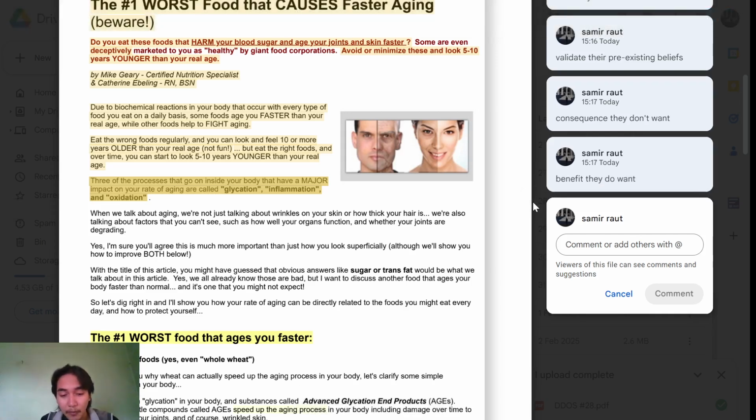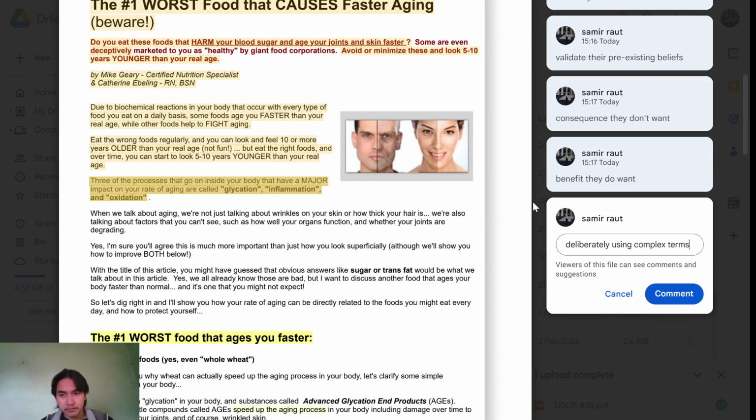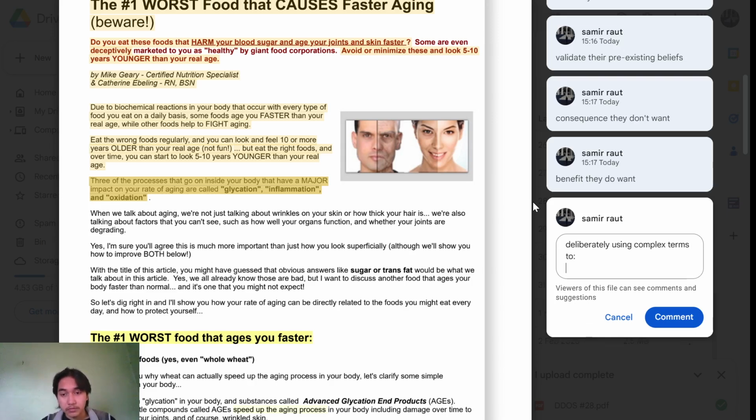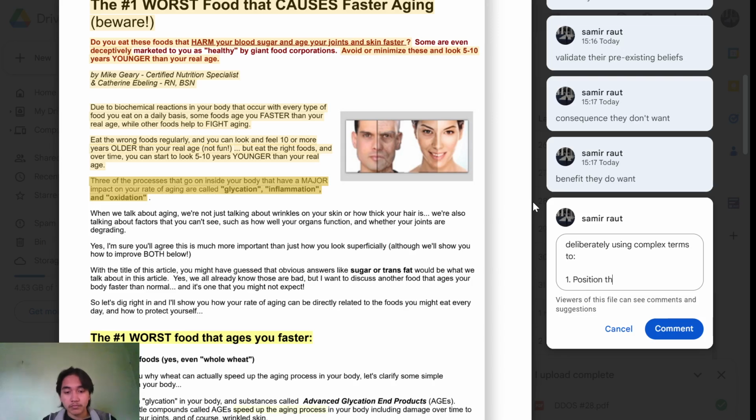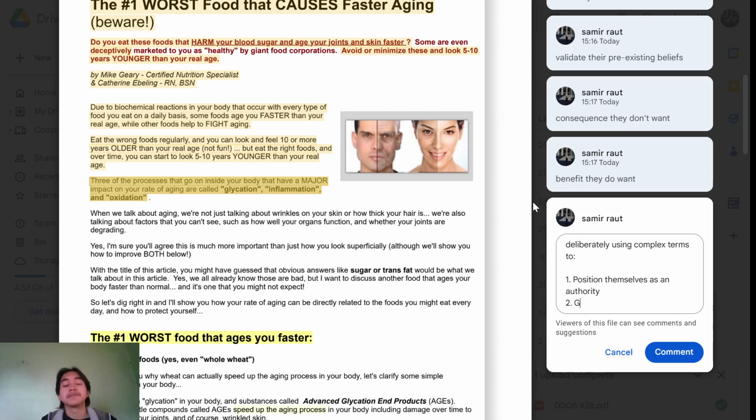Now, they deliberately use complex terms to position themselves as an authority, to sell you the mechanisms.